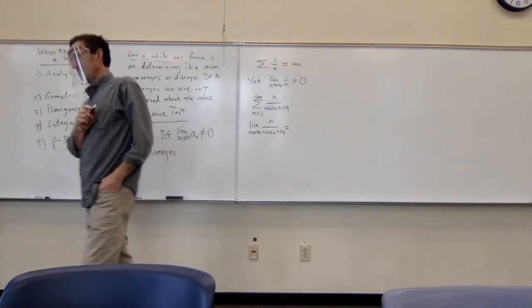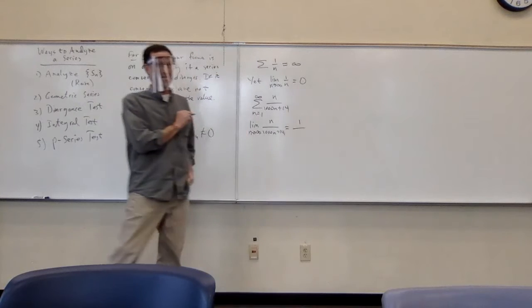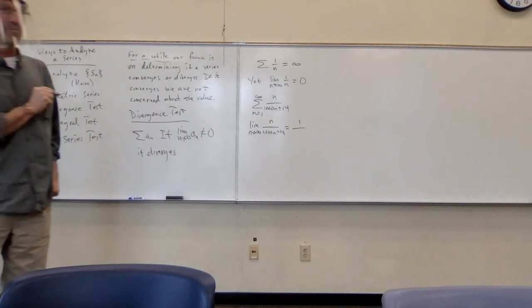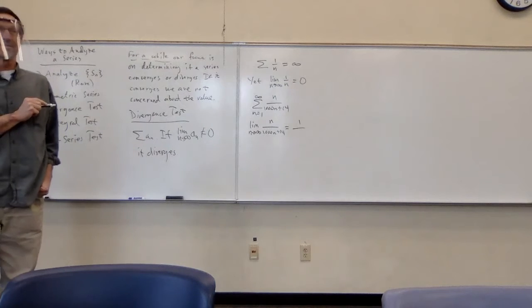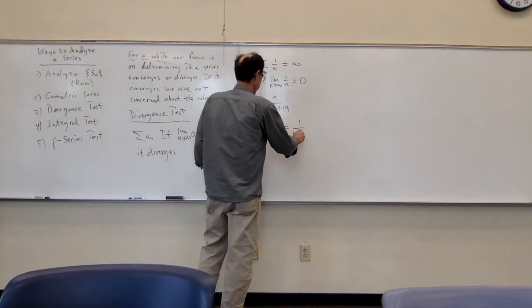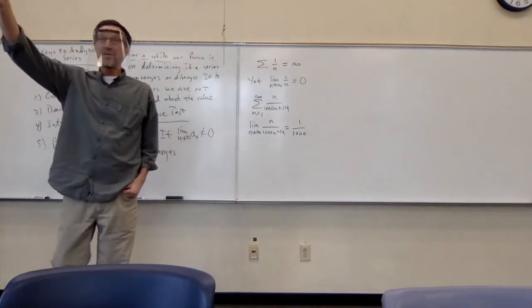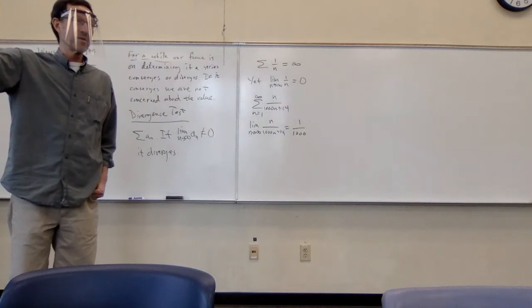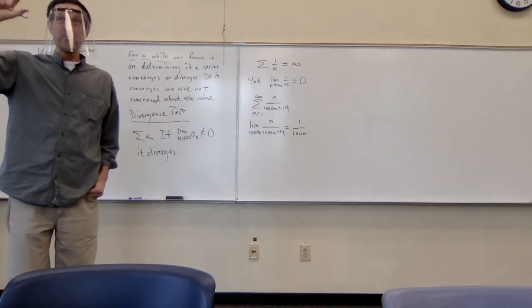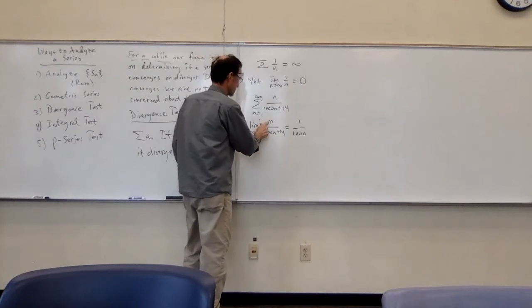1? I'll go with that partly, but I'm not done. 1 over 1,000. Polynomial divided by polynomial at infinity, the degrees tell us what's going on. When they're the same, the limit is the ratio of leading coefficients, 1 over 1,000.